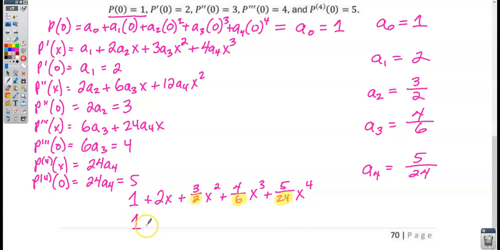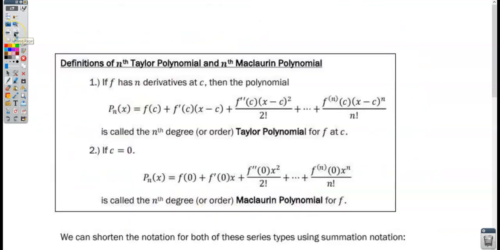And so in fact, this is 1 plus 2x plus 3 over 2 factorial x squared plus 4 over 3 factorial x cubed plus 5 over 4 factorial x to the fourth. We might be onto something here. All right, let's go over to the next page and I will pull away the curtain.